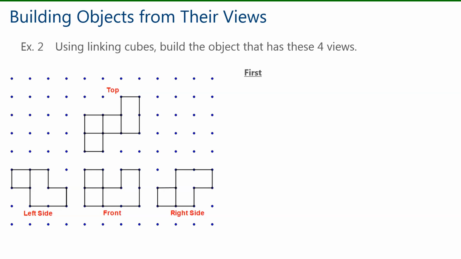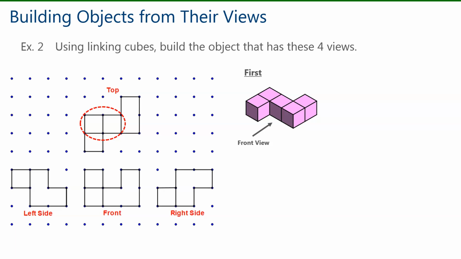Well, in an example like this, I usually like to start with the top view, because the top view is like the footprint of the object. If we look at this top view, we'll notice that there are actually changes in depth, but for the purpose of building our object, we'll ignore the changes in depth at first, and we'll build the object like this.